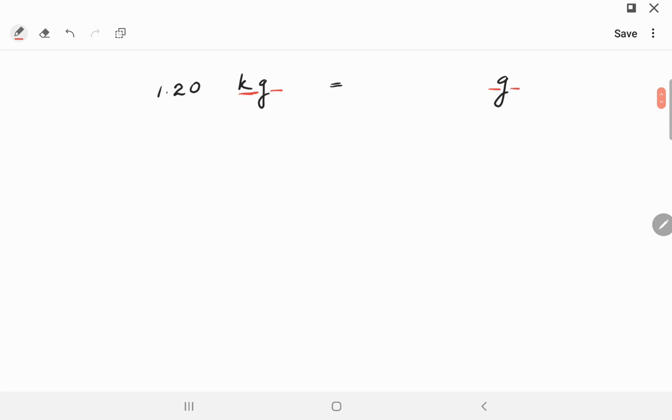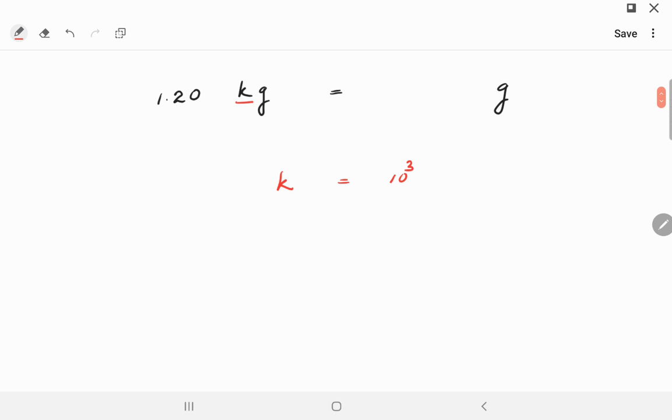To do these conversions, the only thing that you need is the numerical value of the prefix used. The prefix used in this calculation is, of course, kilo. You look at the prefix table and you realize that kilo is 1000.